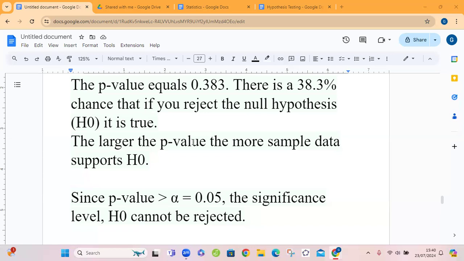So since the p-value is greater than the threshold of 0.05, which is the significance level, in this case, you will not reject the null hypothesis. Once the p-value is greater than 0.05, once it is greater than the significance level, then you do not reject the null.